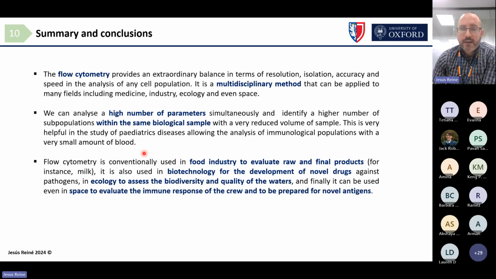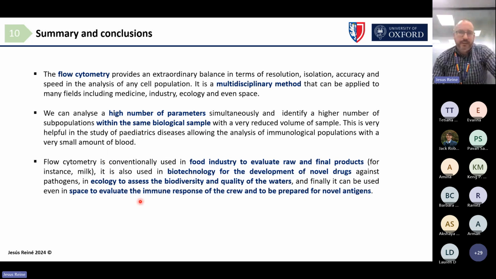We can analyze many parameters at the same time from a very heterogeneous sample, from the most generic to the most specific, and it's really helpful in the study of pediatric diseases because we can use a very small amount of blood or any other sample to understand how the immunological response works.